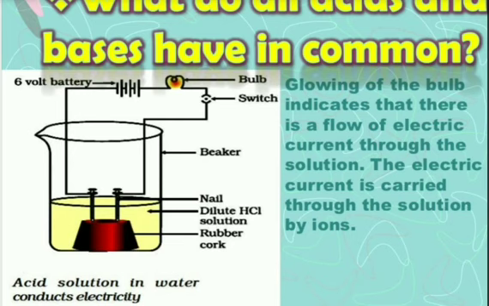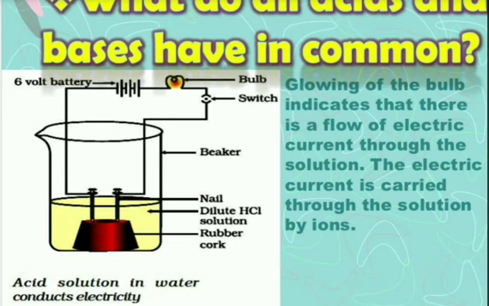We can repeat this type of reaction with different solutions. In place of HCl, I can take sulfuric acid, H2SO4. In place of this acid, I can take any alcohol solution also. Any glucose solution can also be tested. What do you think, will there be conduction of electric current?